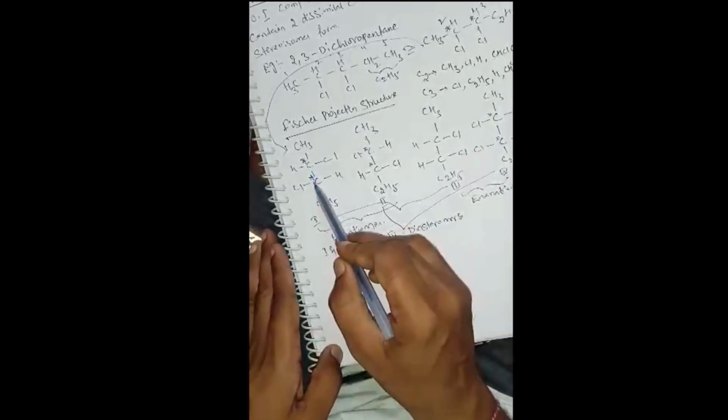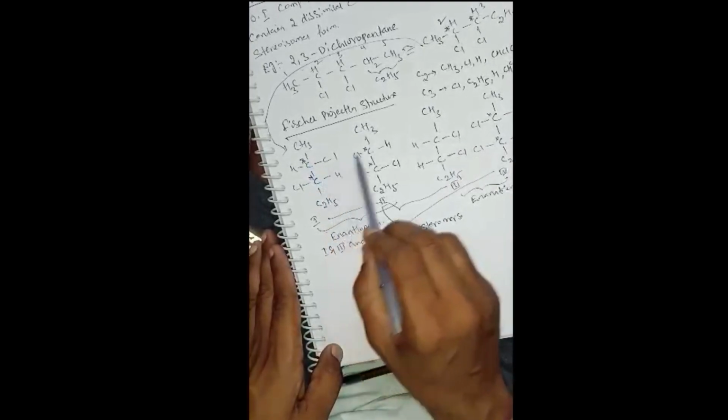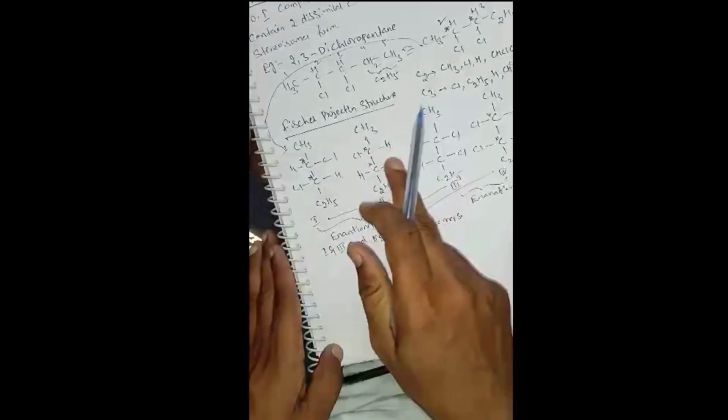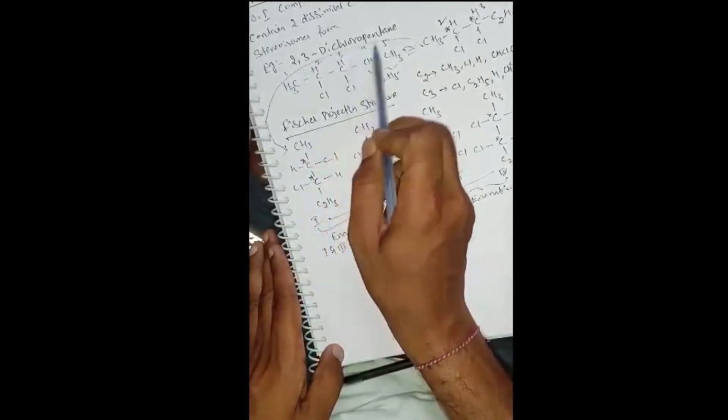So simply, due to the presence of two different chiral centers, the molecule can exist in more than 2 stereoisomer forms. Here the compound 2,3-dichloropentane exists in 4 stereoisomer forms.